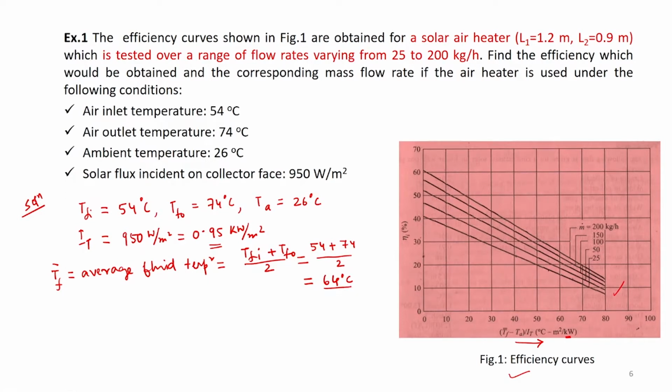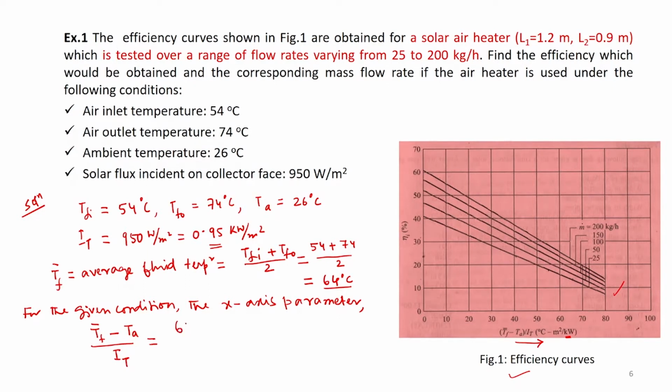So, for the given condition, the x axis or the horizontal axis parameter, which is nothing but (TF bar minus TA) to IT, will be equal to 64, the TF bar we have calculated, minus TA, which is 26, and IT is in kilowatt, so it will be 0.95.